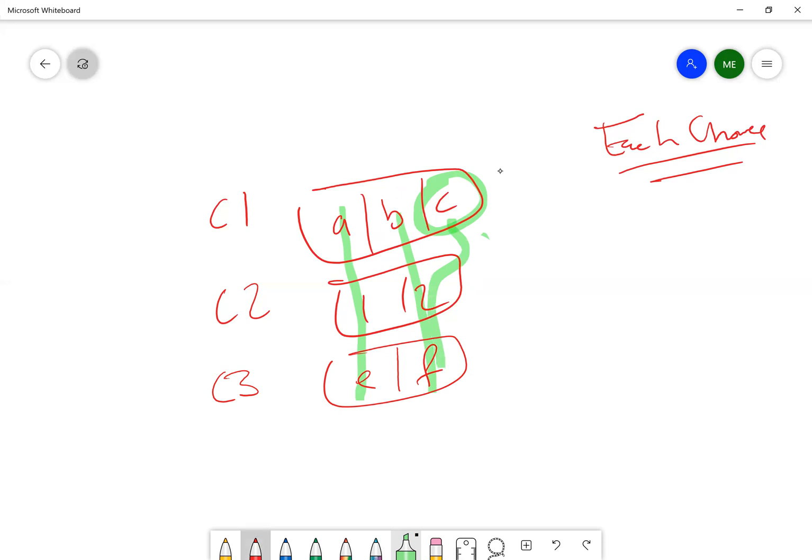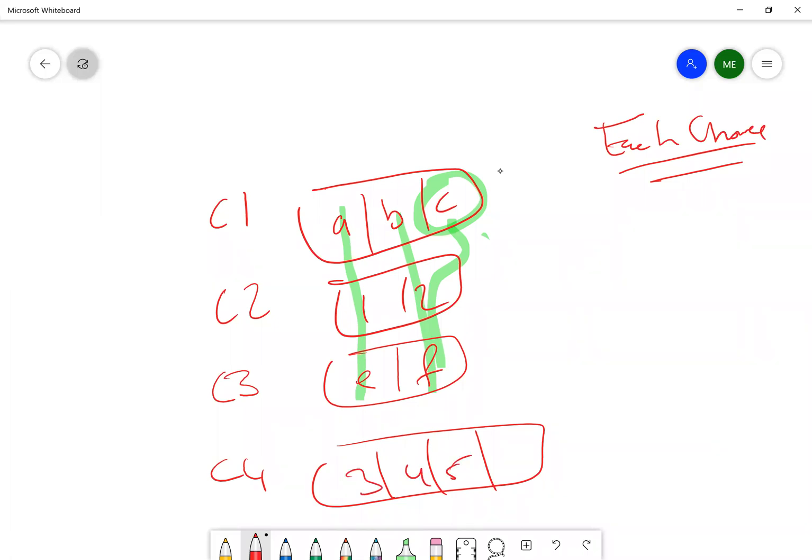Let's assume that last scenario before I let you go, I got a C4 and it has three blocks, 3, 4, 5, and 6. How many test cases do I need to have in order to satisfy each choice? Four. Okay, everybody else agrees on four?